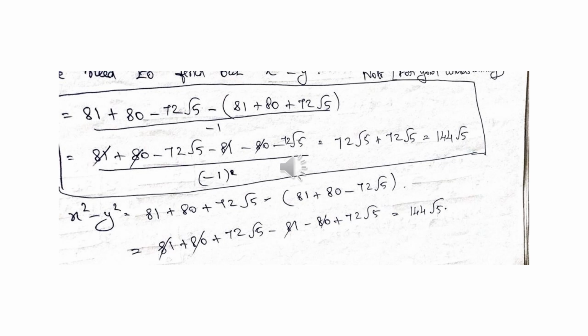14th one, evaluate 4 minus root 5 by 4 plus root 5 plus 4 plus root 5 by 4 minus root 5. Okay, we need to rationalize each term.